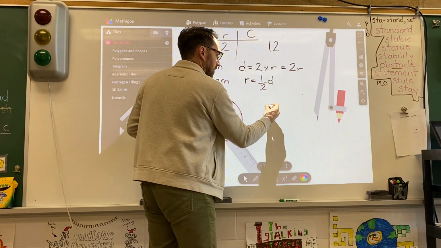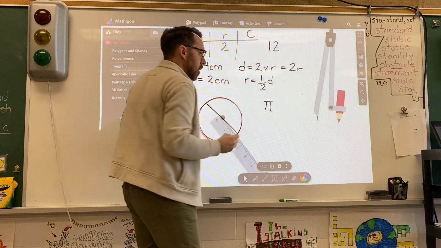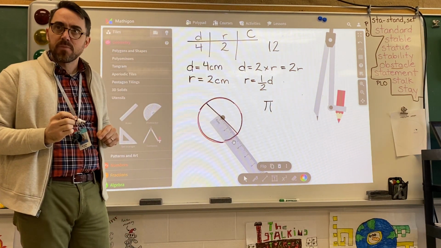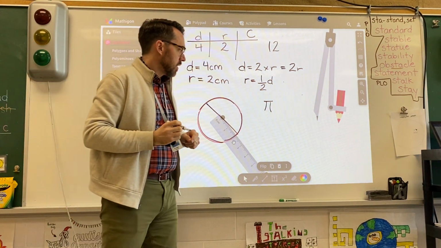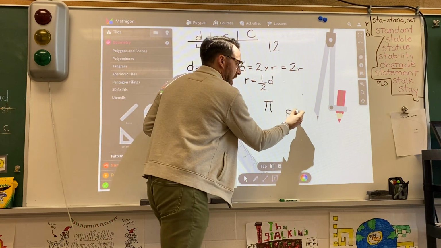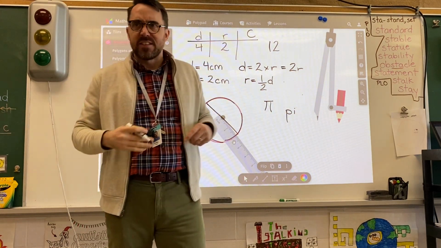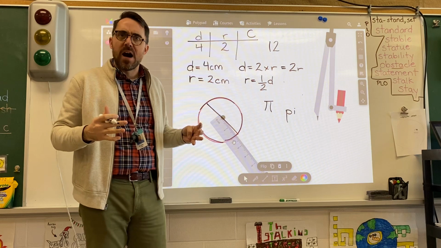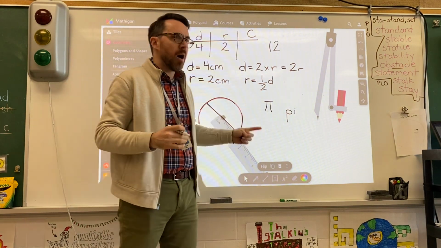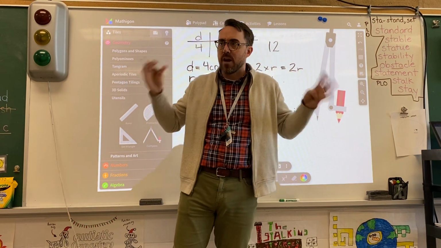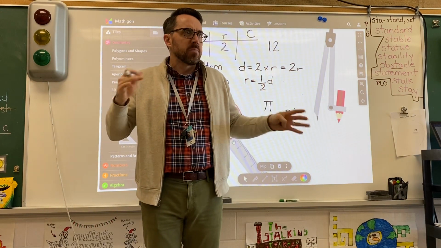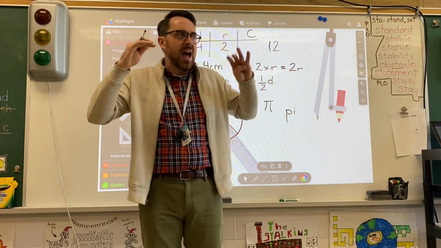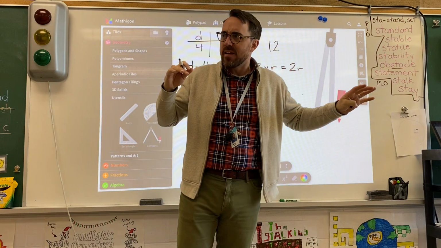It's called pi. The symbol looks like that. And it's actually pi, not PIE, like the tasty pie. We call it pi though. And pi is an irrational number, which means it actually has no end.